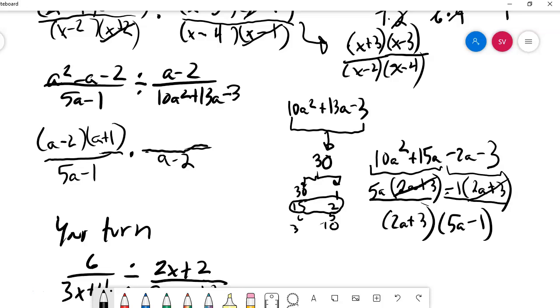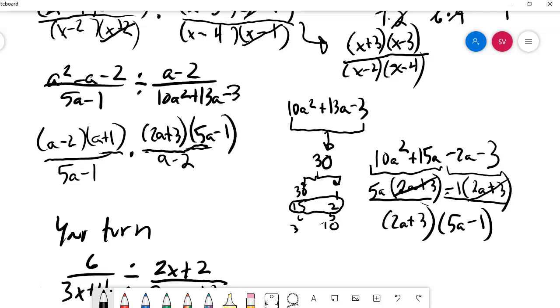So let's recap. We change the division sign to multiplication, then we flip the second fraction. So this part here is the top. The a minus 2 is now the bottom. And here is my 10a squared plus 13a minus 3 all factored out. So I get 2a plus 3 times 5a minus 1.